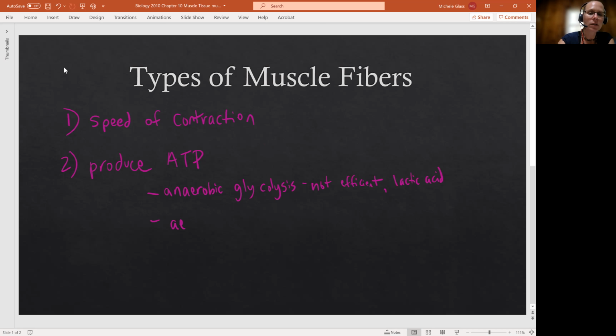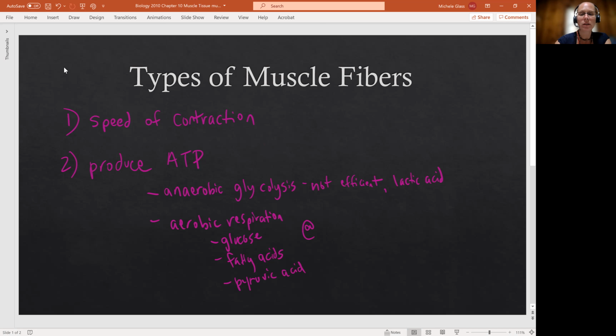Or we had the choice of the aerobic respiration. And we said in this case, they could either be using the glucose that was stored in the form of glycogen or glucose from the bloodstream, or they could be using fatty acids broken down in order to make ATP, or they could use the pyruvic acid here.